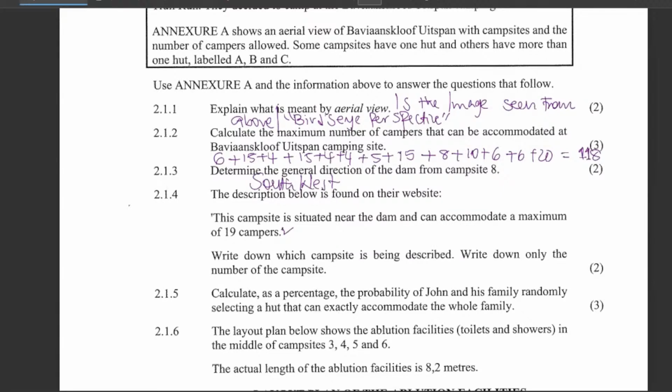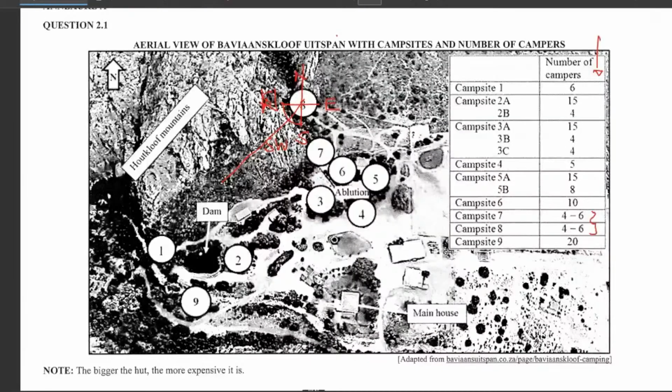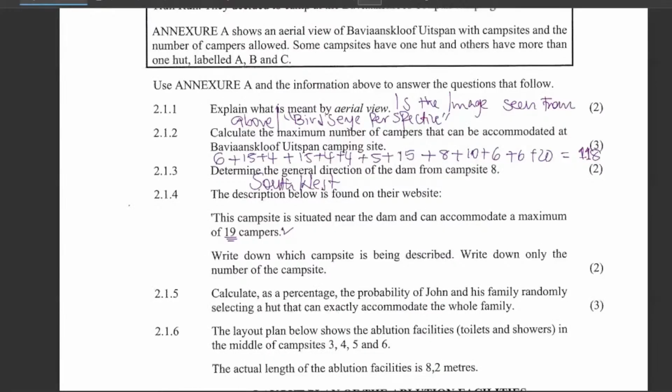Which campsite can accommodate 19? We just add up: these are 6, 5, plus this is 19. Nothing else, because this is 23 and this is a 5. So we are looking at campsite 2. Here we write only the number of the campsite.